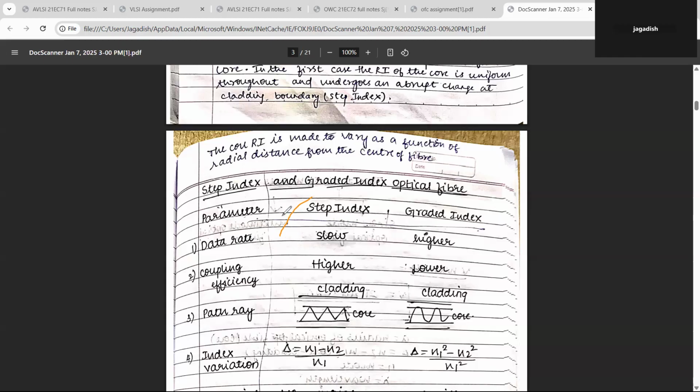Whenever you integrate two optical fibers together, that is the coupling efficiency. It will be higher for a step index fiber and lower for the graded index fiber.